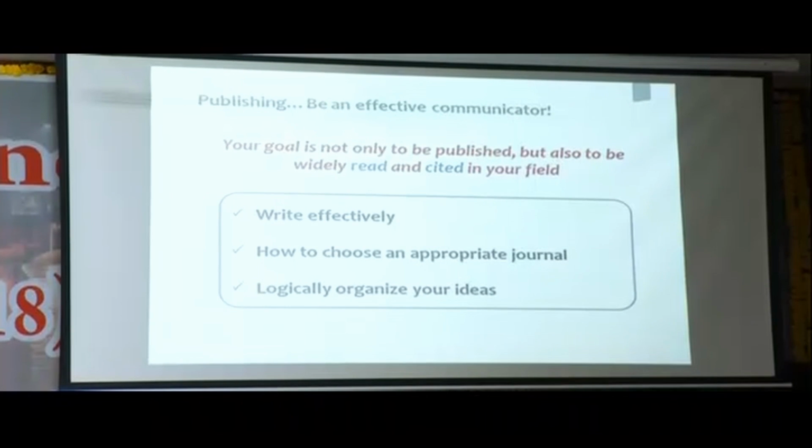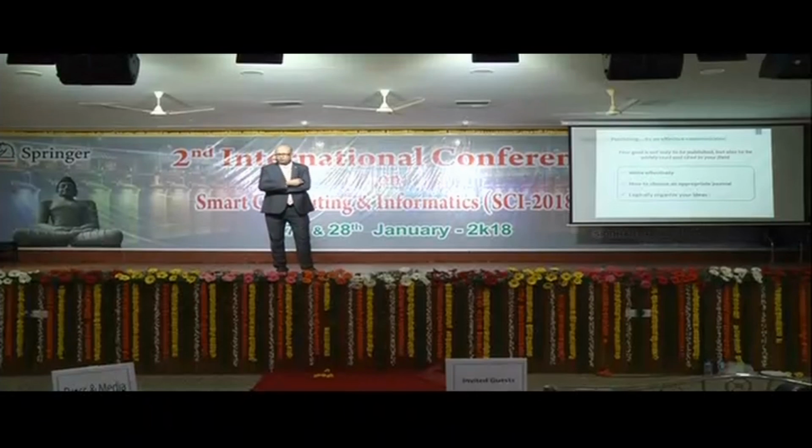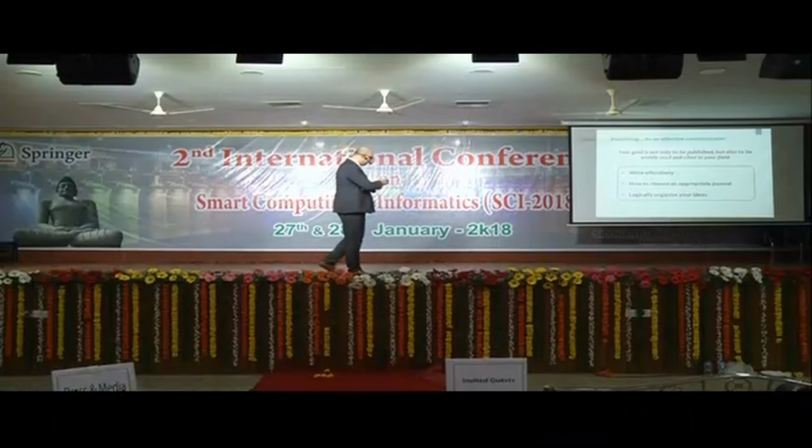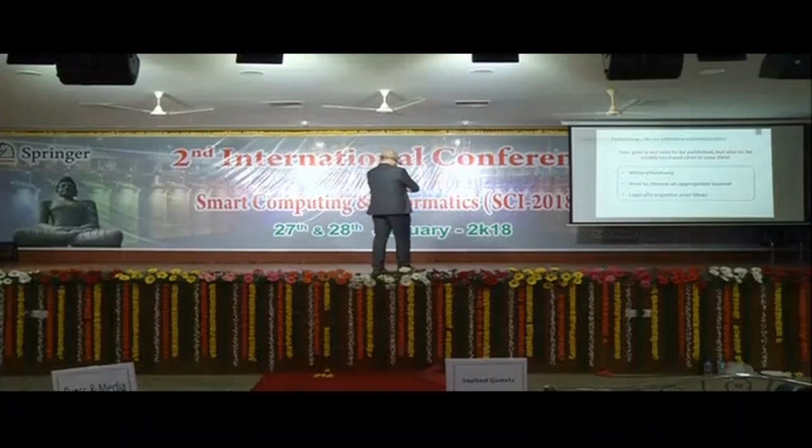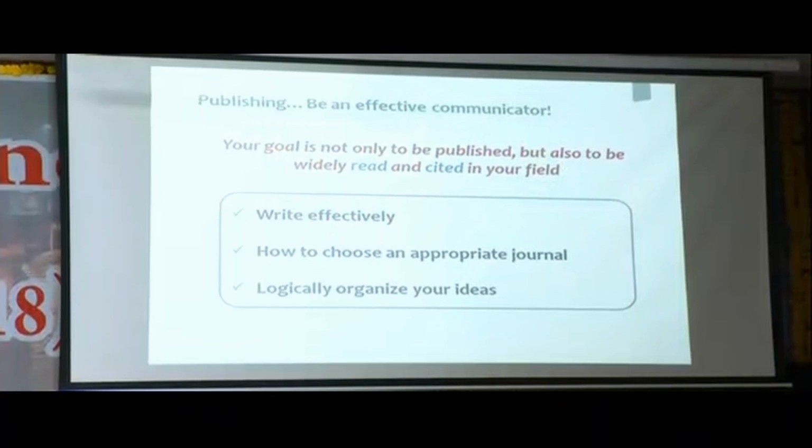Many good papers get rejected not because they are bad quality, but because it is simply not the appropriate journal. And an important criterion is the logical organization of ideas.